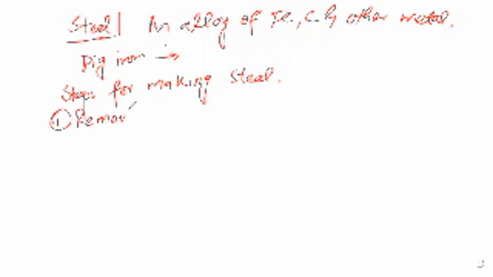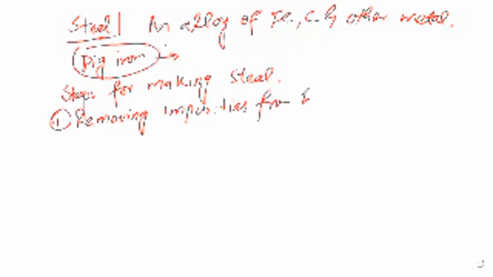The pig iron we get from the blast furnace has some impurities. We have to remove these impurities by oxidation.